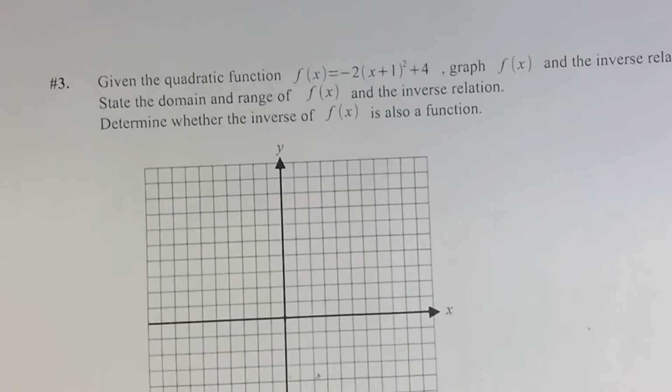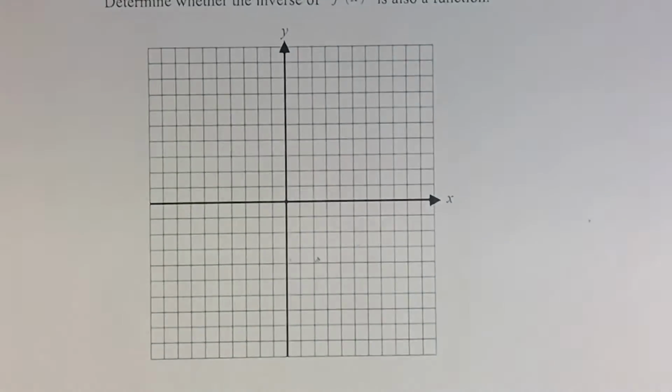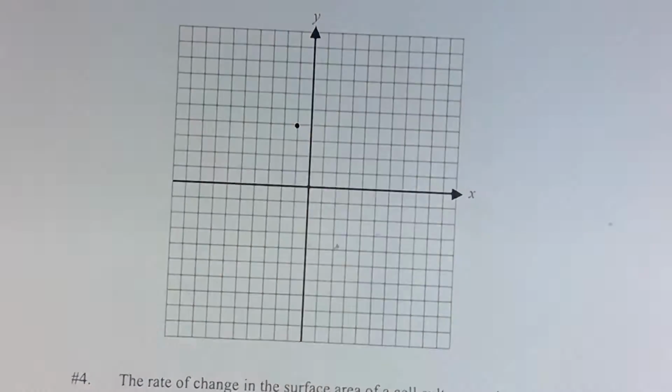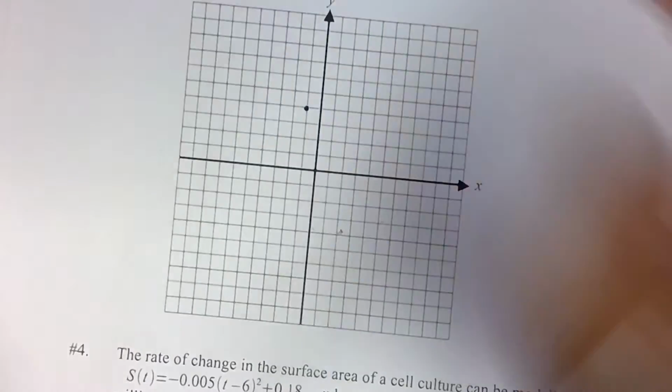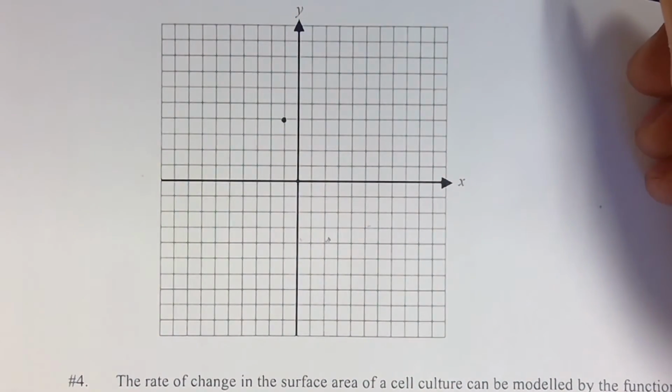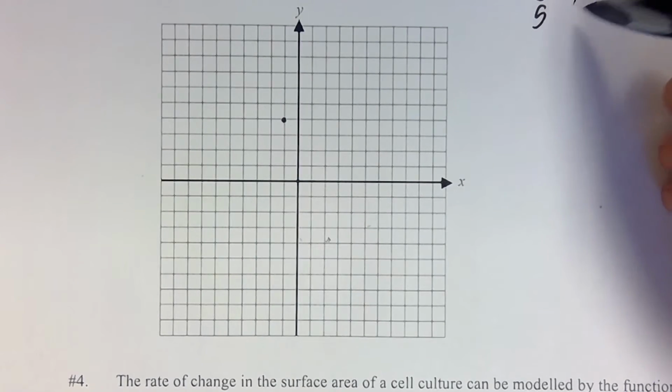So when I go to plot this function, my original function has its vertex at negative 1, positive 4. Okay? And my a value is negative 2. So instead of 1, 3, 5, it'll be negative 2, negative 6, negative 10.